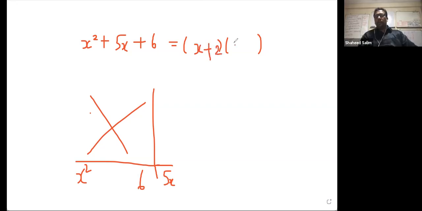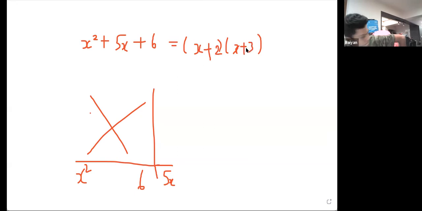Alhamdulillah. So I give you one last question, can I? Okay. So now this is x squared minus something, plus 10, minus 7x. You must do the same way lah.